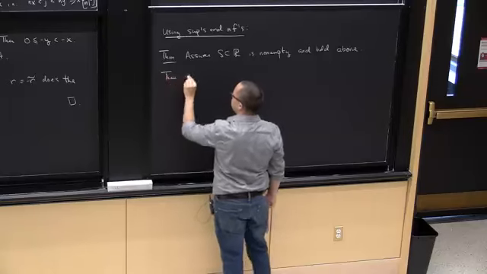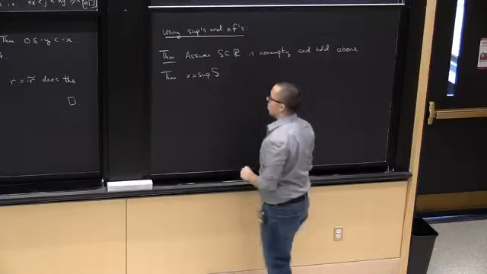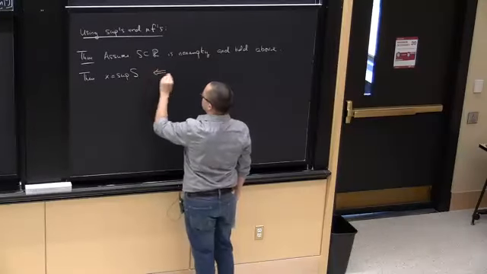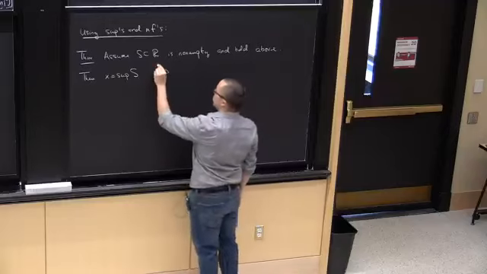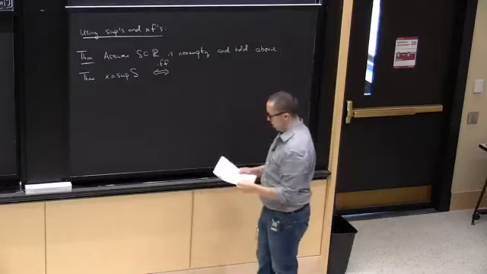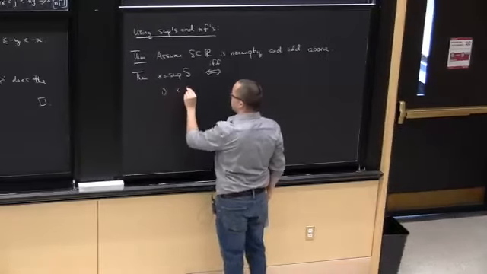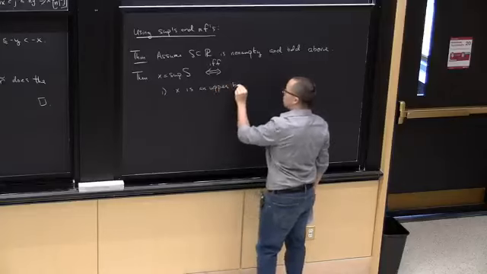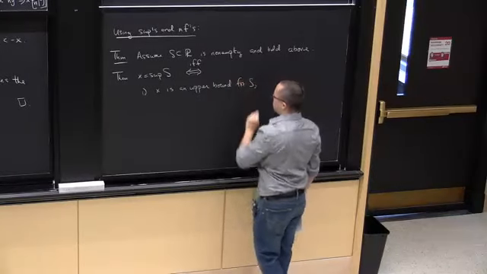Then some number x equals a sup of S if and only if two conditions are satisfied. The first is that x is an upper bound for S.